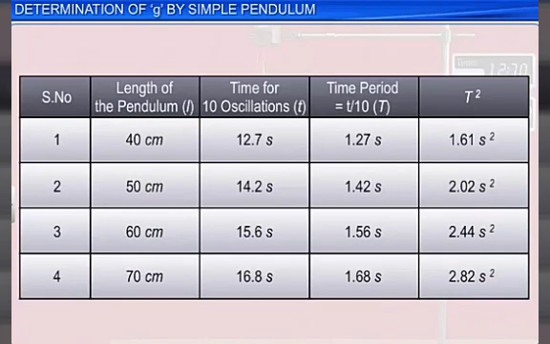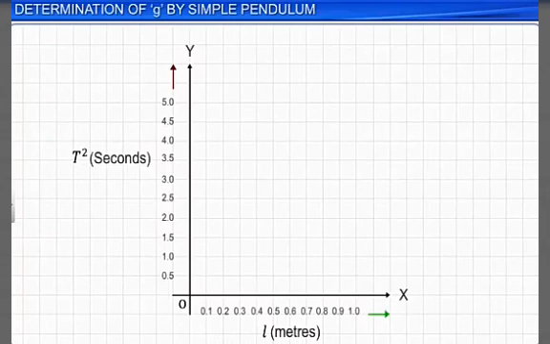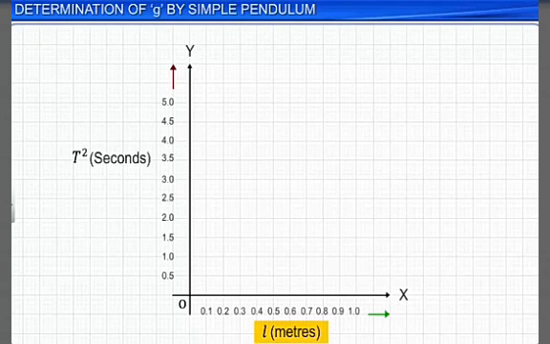A graphical representation of L and t square can give a clear picture of the exact relationship. So, plot a graph between L and t square by taking length on the x-axis and the values of t square on the y-axis. You will get a straight line.